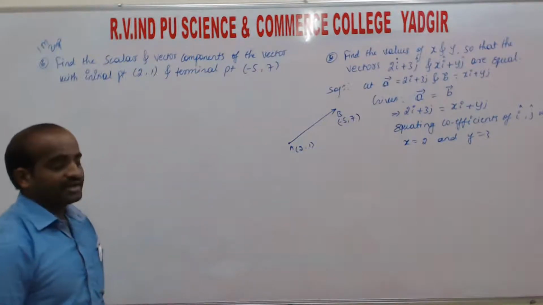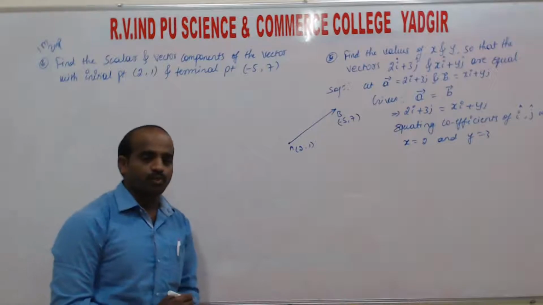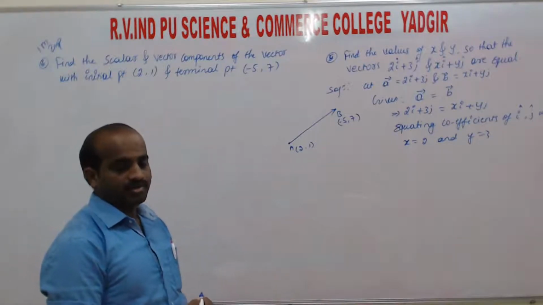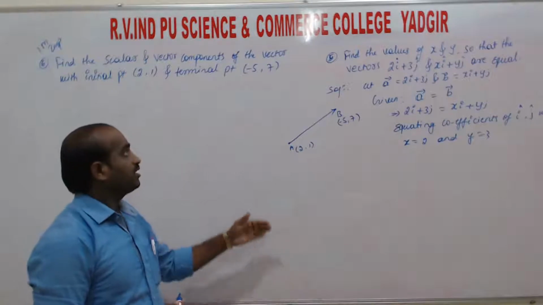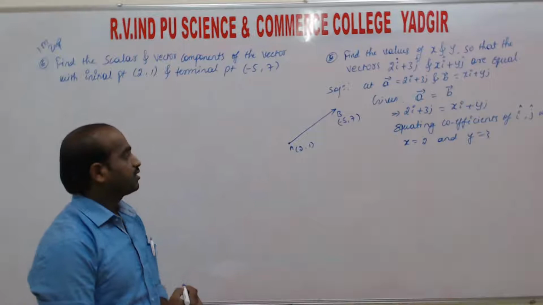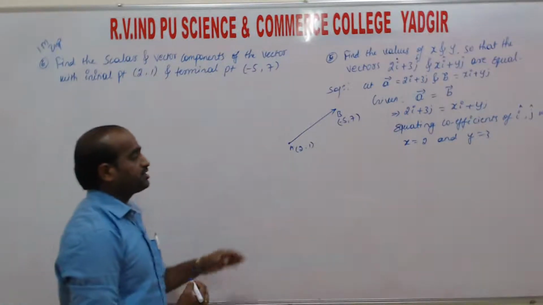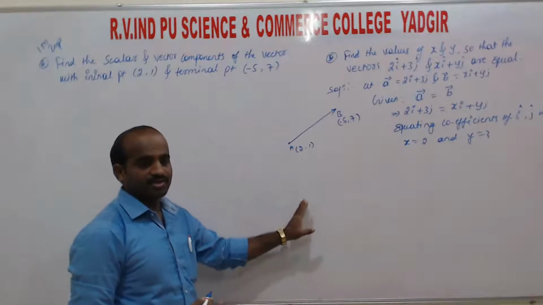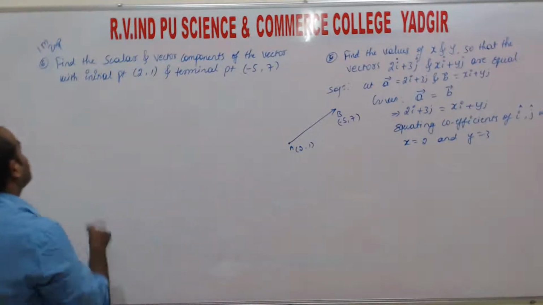Then find out the vector and scalar components. First, you have to find the vector joining the 2 points. AB vector is equal to OB minus OA. Then you will get the components form, xi plus yj plus zk. Then find out the scalar and vector components.